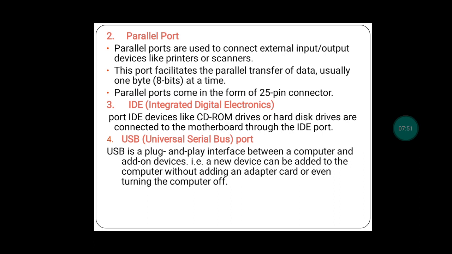So what does plug and play mean? It means you can connect any device to the computer through these USB ports easily. You need not include any additional adapter cards for that, or turn off the computer system. Directly we can attach those USB devices to the computer. Those external devices are what we call add-on devices.